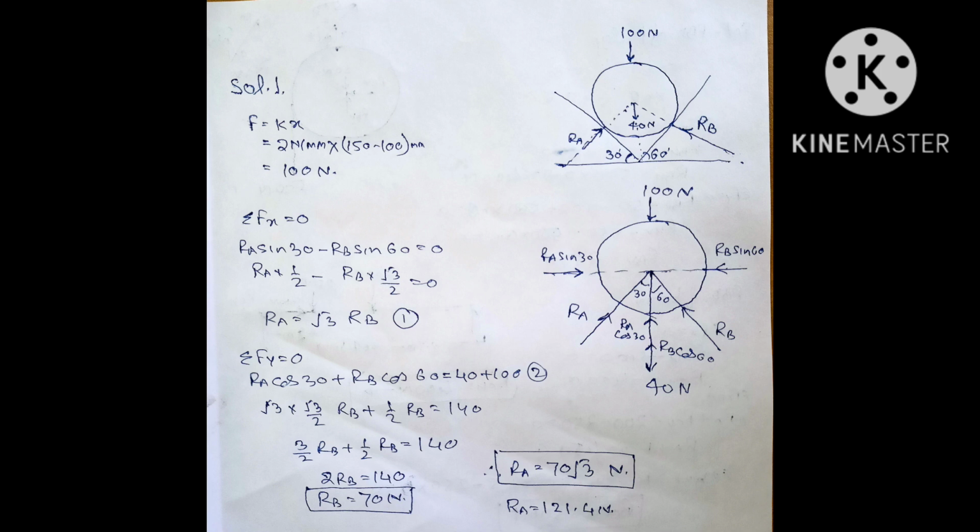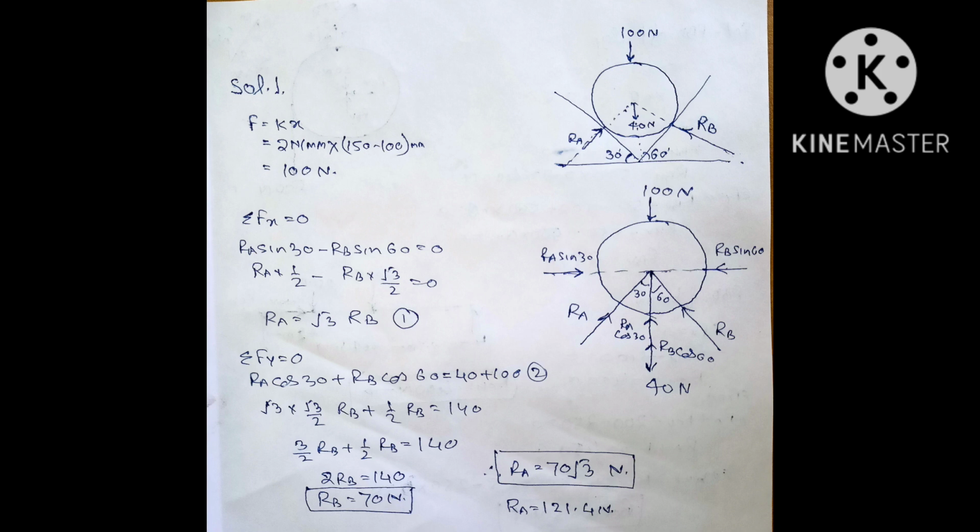Now we will apply the conditions of equilibrium for concurrent forces, that is sigma Fx equal to 0 and sigma Fy equal to 0. So the first equation will be RA sin 30 minus RB sin 60 equal to 0, or we can say RA equal to root 3 RB. Now similarly we will make the equation for vertical forces, sigma Fy equal to 0.